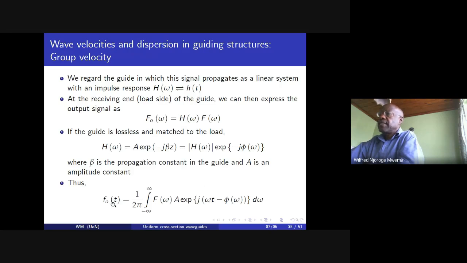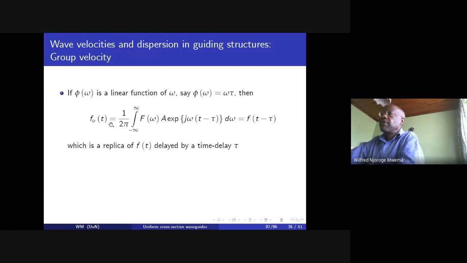And thus the inverse Fourier transform, or the output time signal f0(t), will be given by that Fourier transform. If phi(omega) is a linear function of omega, say omega tau, then f0(t) is going to be given by the integral of the exponent of j omega (t minus tau) d omega, and we get that it's just a delayed version of the input signal.